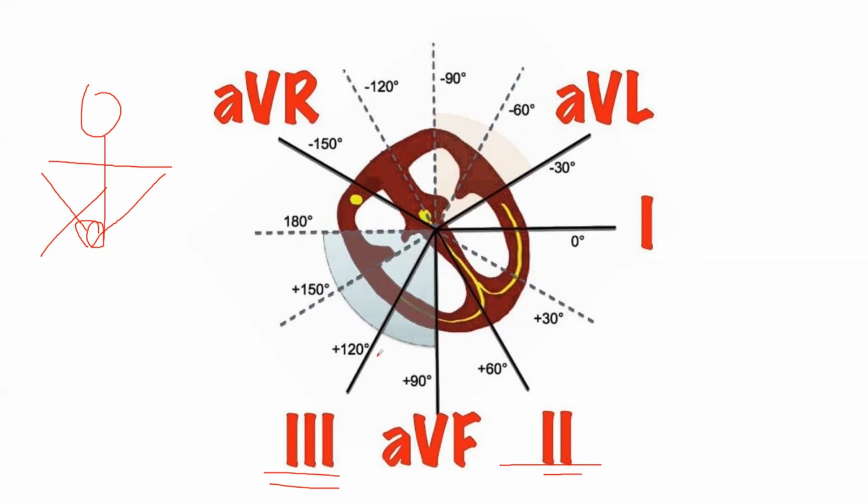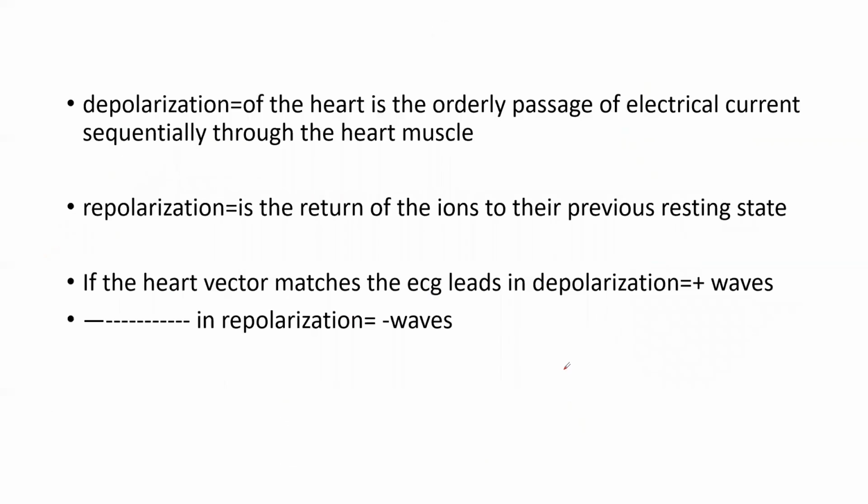So if we want to put it all together, we move this one to the direction where it's going, like it's going to the left. So we move it to the left and it becomes lead 3. This one is going right there. We move it to its direction.